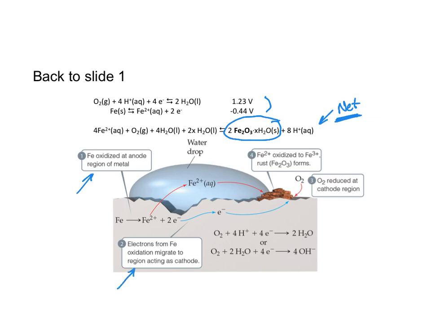The electrons from the iron migrate to a region acting as a cathode. Oxygen is reduced at the cathode region, and finally, Fe2+ is oxidized more to form Fe3+. There's a lot of chemistry involved, and there isn't a traditional cell like we've seen. All you need is a spot on the metal for this process to take place.